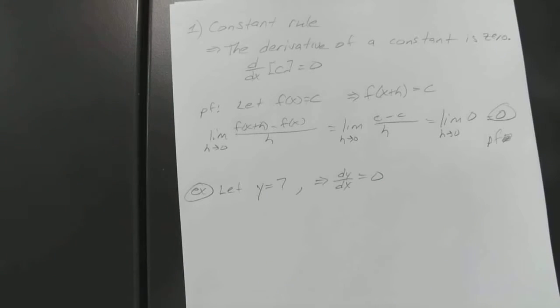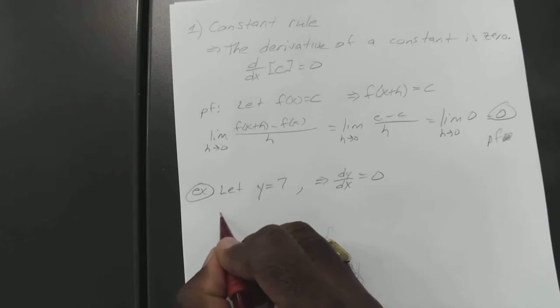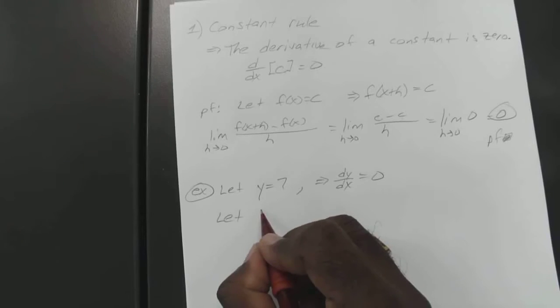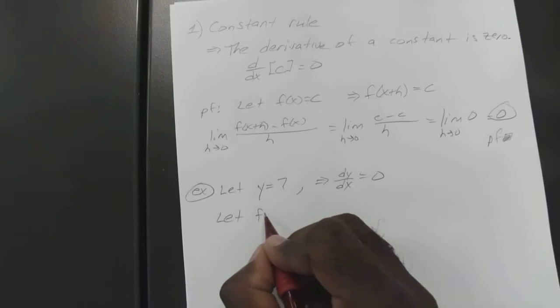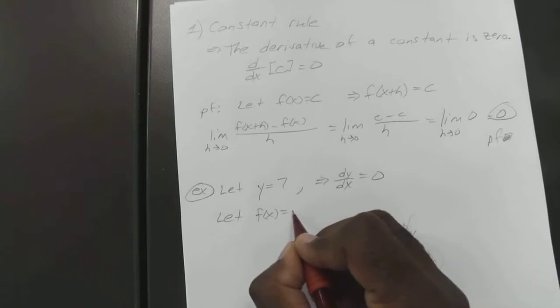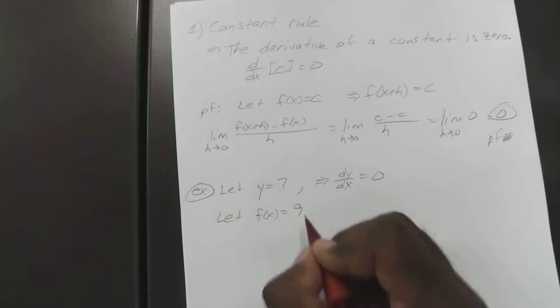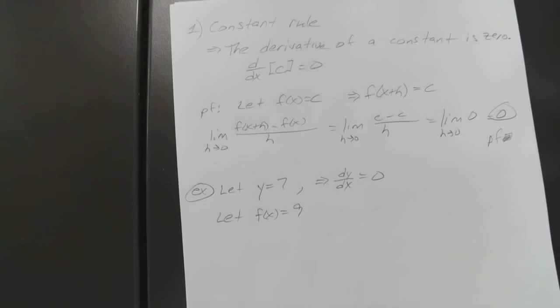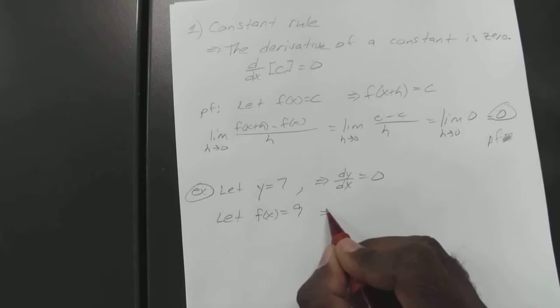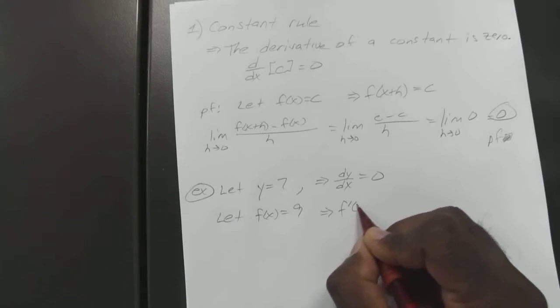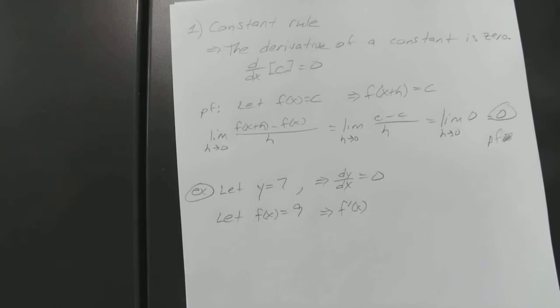The derivative of any constant is just going to be 0. Let's say we let f of x equal 9. Then f prime of x, which is the exact same thing, is just going to be 0.